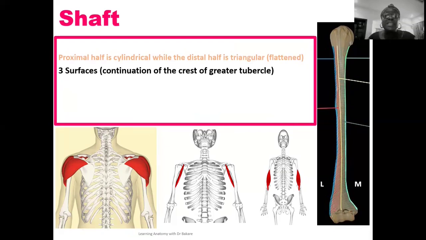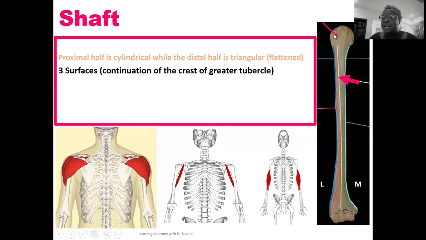In establishing, or really understanding, the three surfaces of the humerus, it is important that we create a landmark, that is the anterior border. If you look at this alignment here, arrowed at this point, this is the anterior border of the humerus. This anterior border is created from the alignment superiorly from the crest of the greater tubercle. This is where we have the greater tubercle here.